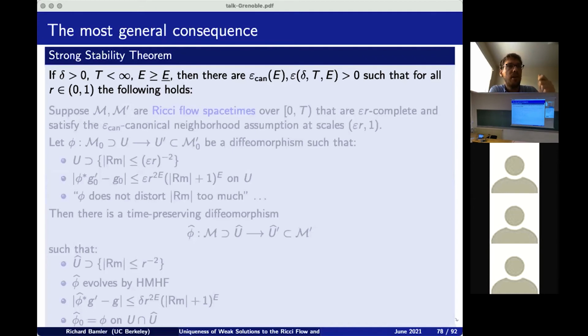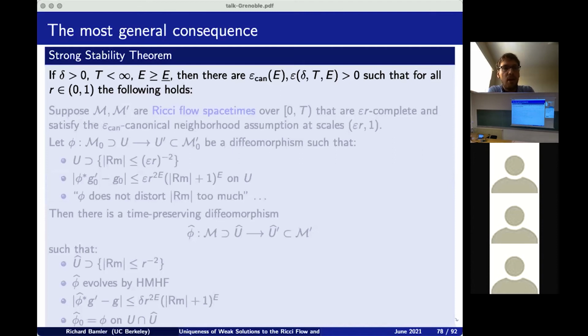We're only working above scale R comp or lambda times R comp, and we don't really care what the flow does at any smaller scales. So we have a stability theorem for Ricci flow spacetimes that don't even have to be zero complete. They just have to be defined above the scale at which we're working.